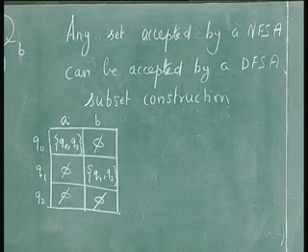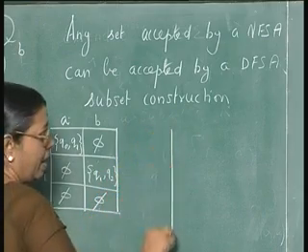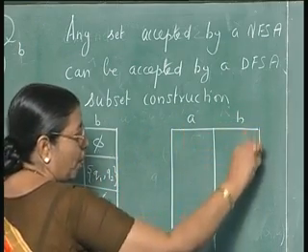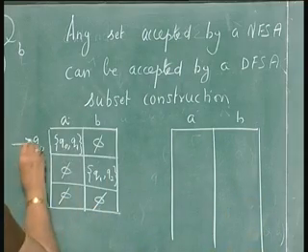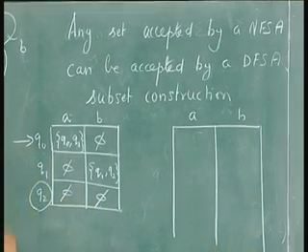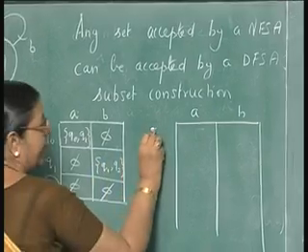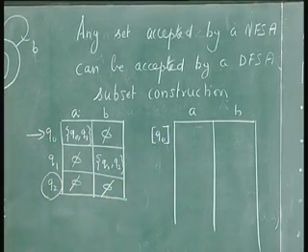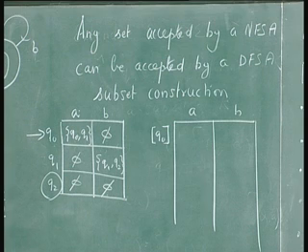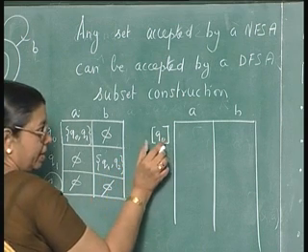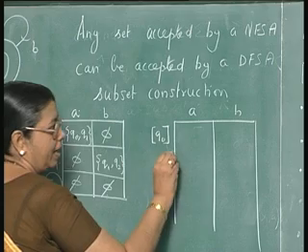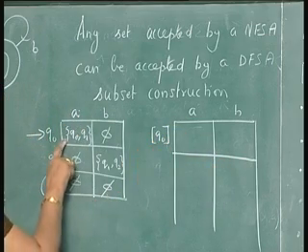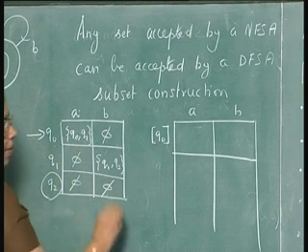Now, let us try to draw a state table, another one. What is the initial state here? This is the initial state and this is the final state. So, start with the initial state as a set like this. We are using square brackets to denote that it is a single state. Now, from q naught, if you read a you can have the possibilities of q naught and q1.